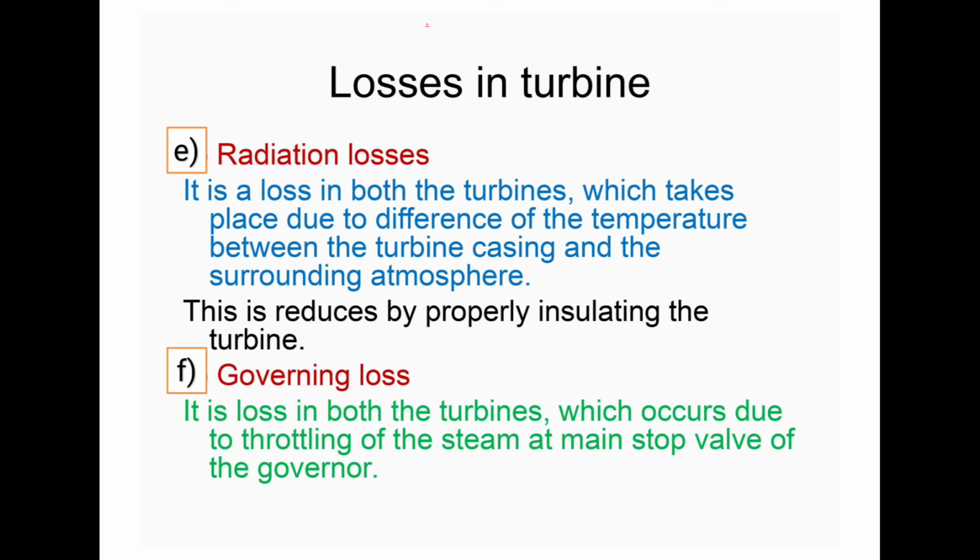Because of that, this system will consume a good amount of energy from the overall steam energy, so the energy continuously flows through the governing system. It shows that the overall losses will be accounted for by this system. So this is also one of the important losses in the steam turbine system.